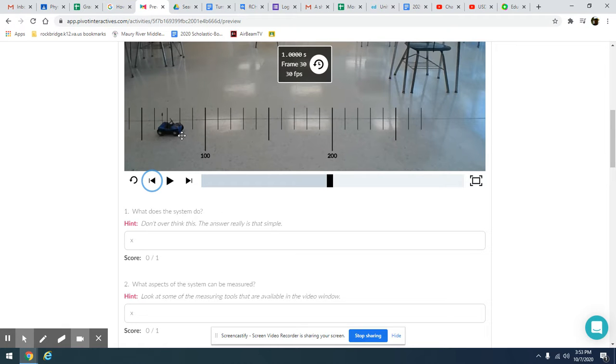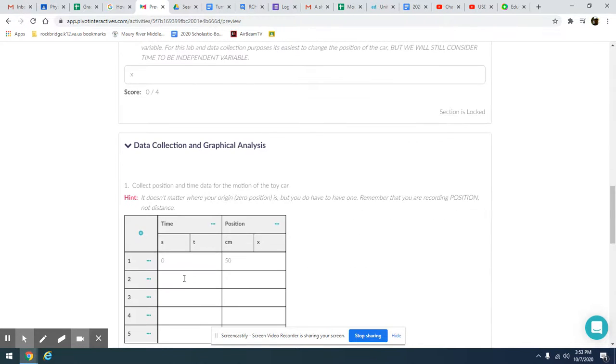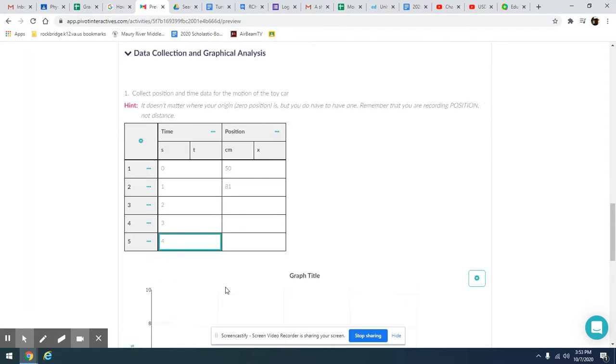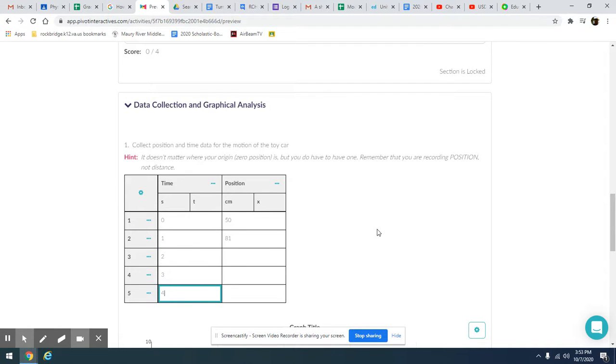So it looks like right here it's at, let's see, if that was 50, 60, 70, 81, maybe 82. Let's say 81. So at time 1 second, we're at position 81. And I'm going to do 2 and then 3. Let's do every second. That'll probably be enough for me right here.